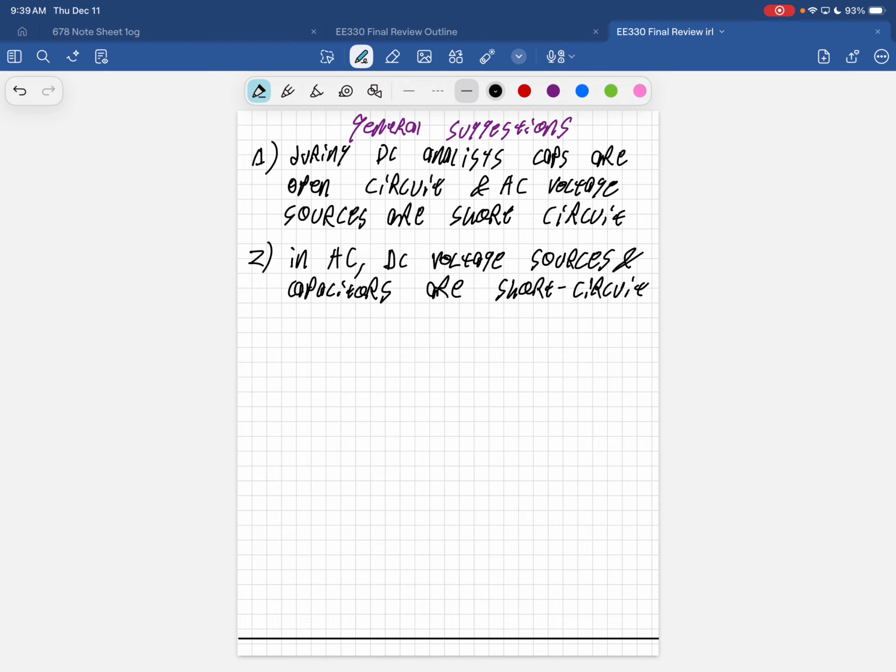Current sources, DC current sources are open circuit. Yeah, it would be the opposite of your DC voltage sources.